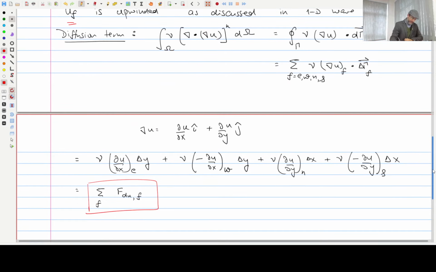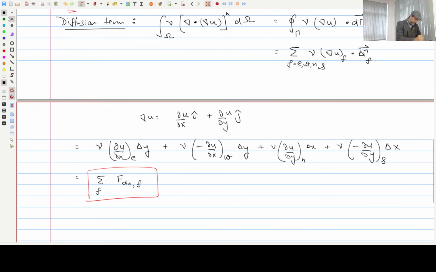So that's the final term. Okay, so this is our diffusion flux.